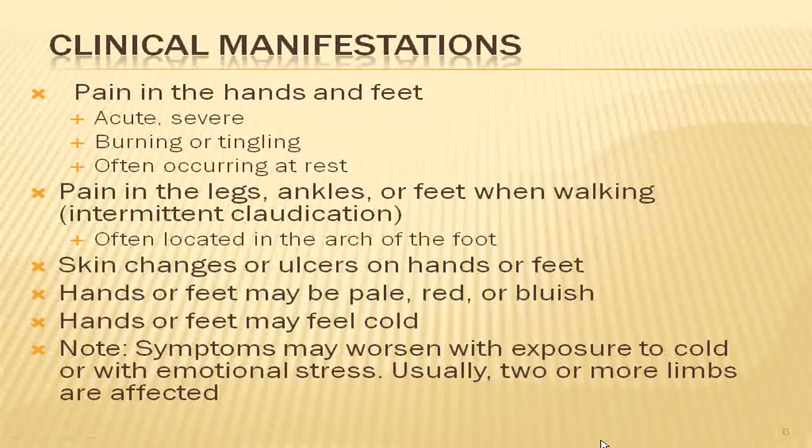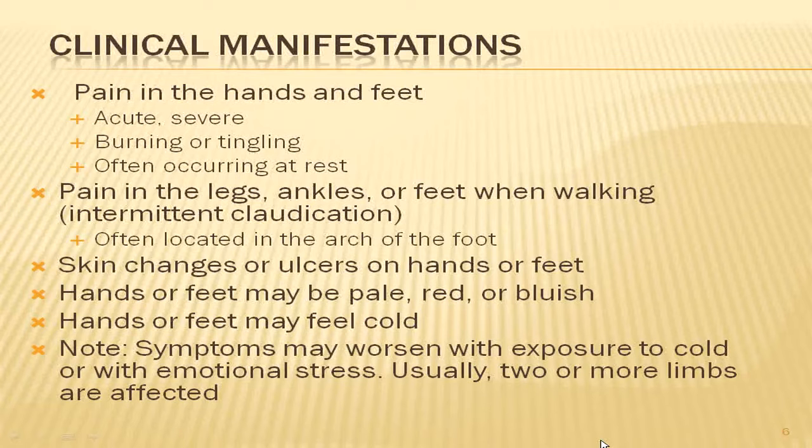They may have skin changes or ulcers on the hands or feet. We see that with peripheral artery disease. But again, remembering that with peripheral artery disease, we typically see it affect the lower extremities. The hands and feet may be cold. We may still see the pale, red, or bluish color, because even though we don't have the plaque occlusion, we have an inflammation of the artery, which is still impeding blood flow to that area.